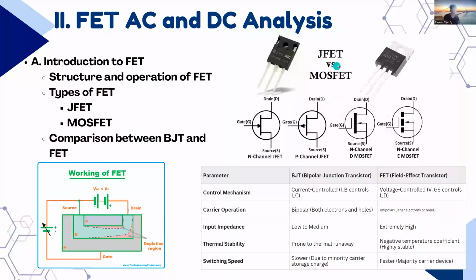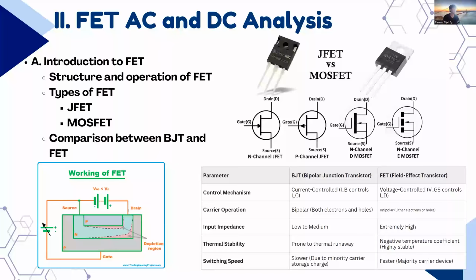Next, MOSFET. What is a MOSFET? Metal oxide semiconductor field effect transistor. In a MOSFET, the gate is completely insulated from the channel by a thin layer of silicon dioxide.